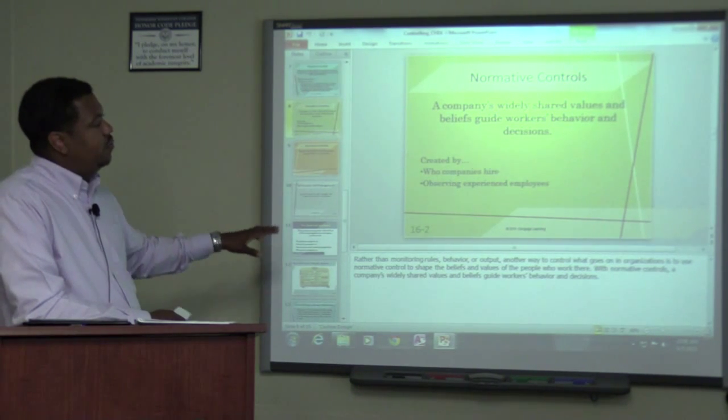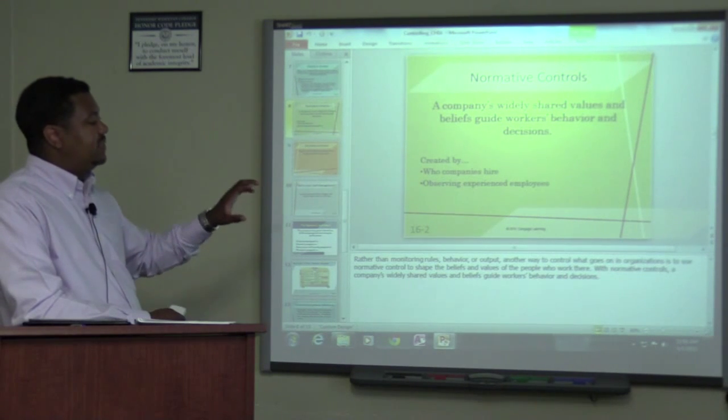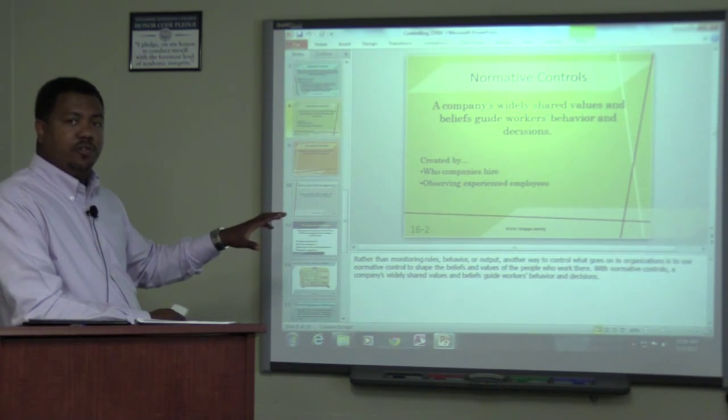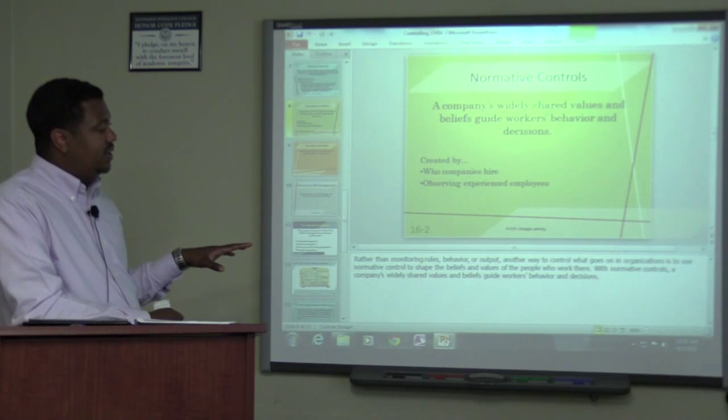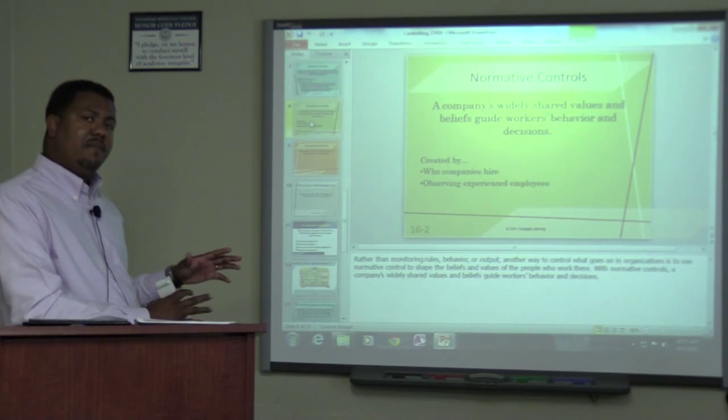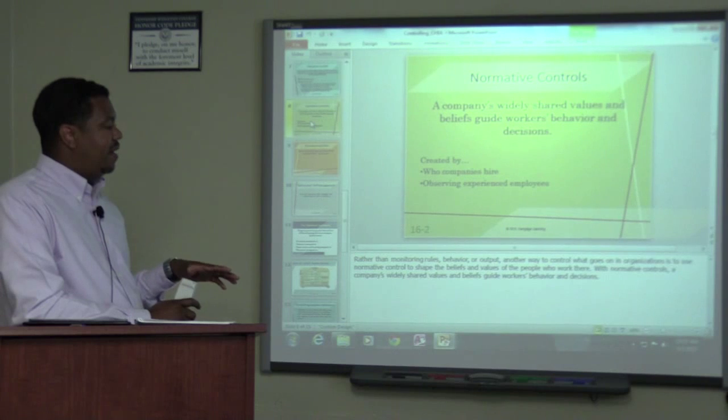So this is a good way where individuals can really tailor an organizational culture to have normative controls to deal with issues that may be happening off the spur of the moment.